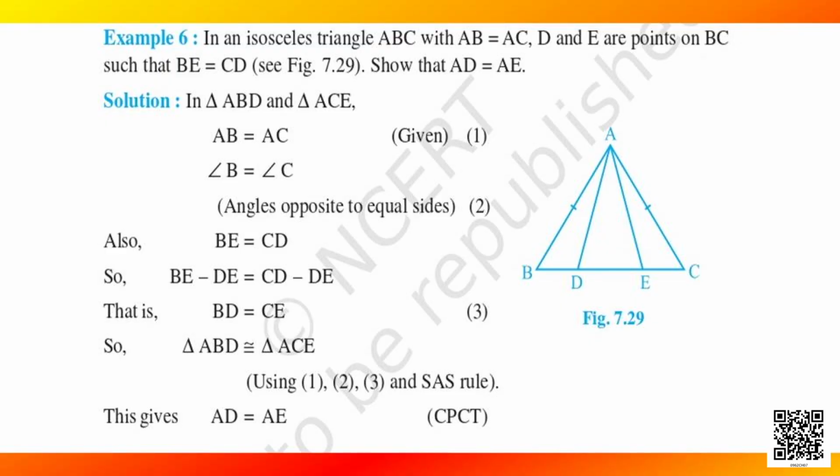Okay. What it says? It says, in an isosceles triangle ABC with AB equal to AC, D and E are points on BC such that BE is equal to CD. Show that AD is equal to AE. So, let us go for the solution. Before that, let me construct the diagram. Okay.